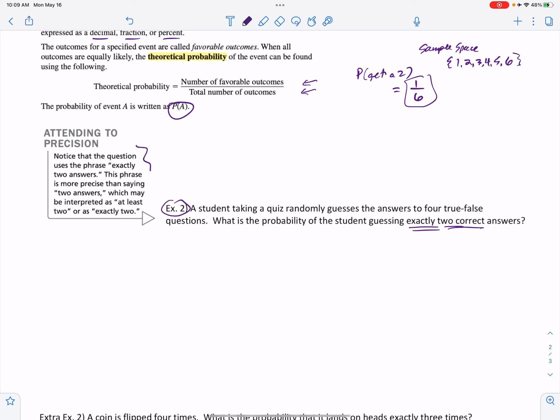And this is important because when it says exactly two, that phrase is more precise than saying two answers, which could be interpreted as at least two or exactly two. And so we have exactly two, so we don't include where there's 2 or 3 or 4 correct answers.